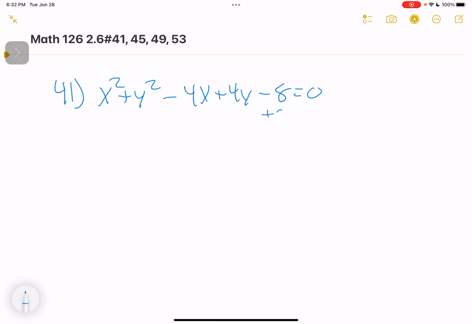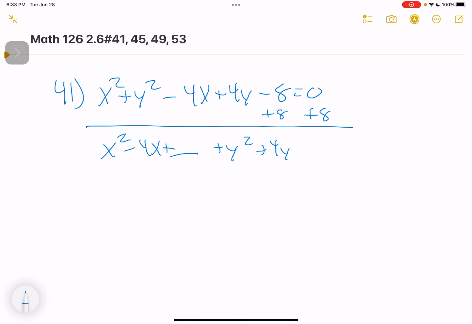So if I were to add this 8 to both sides, and I'm going to rewrite the order of things, I have x squared minus 4x plus some blank plus y squared plus 4y plus some blank equals 8 plus blank plus blank.